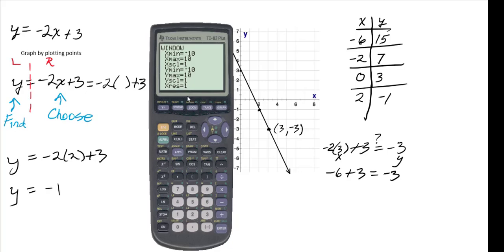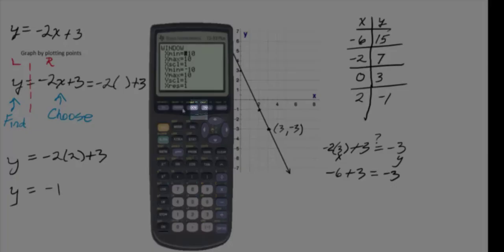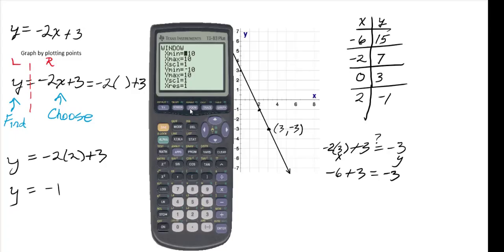The zoom button in the middle of the calculator here on the top row, you can also access a standard 10 by 10 window quickly. Notice if I modify my window, say x-axis -1 to 3, and then my y-axis -5 to 5.